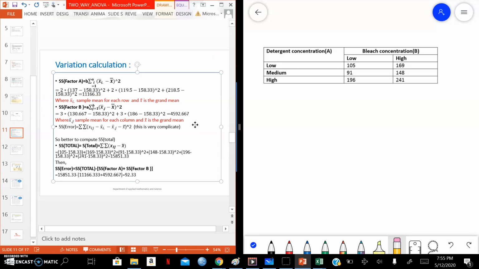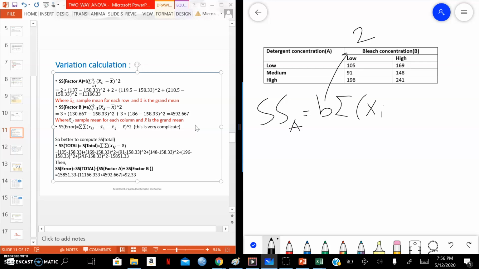So how do you compute the sum of the square of factor A? Sum of square of factor A is computed by B. What is B? B is the number of columns. Okay, so we have 2 columns. Remember that B refers to number of columns. Then summation of xi bar minus grand mean, squared.